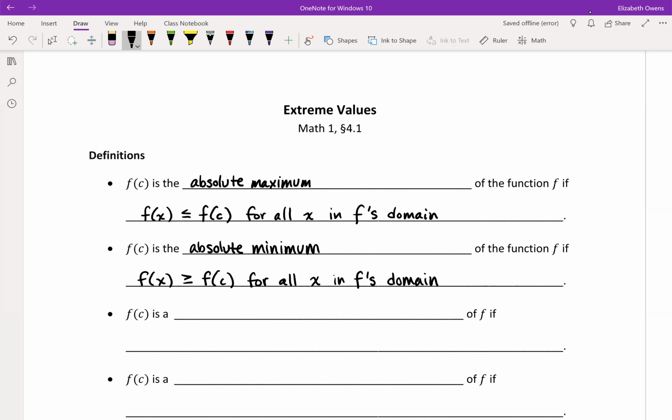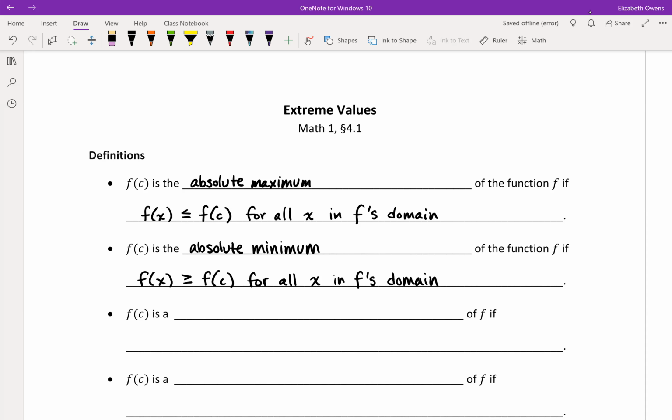Okay, so here's like all the y values that go with the x values in your domain. All of those are greater than or equal to this f of c. So f of c is the littlest guy in this case. That makes it the absolute minimum for that function. Okay.